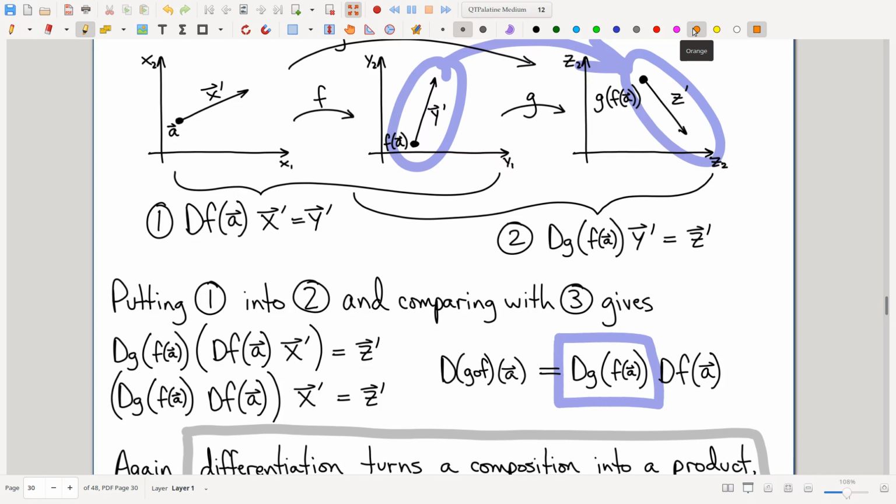It's because you're at this point. That point being f of a. That's the point where you're at when you want to know what happens when you do y prime. And so that is where dg has to be evaluated. Is that cool? Is everybody on board with that? All right.